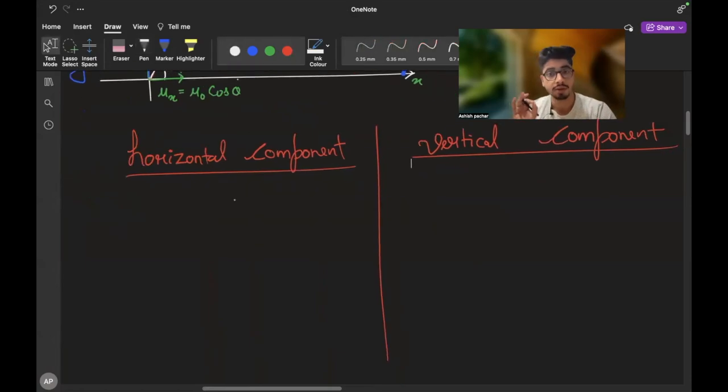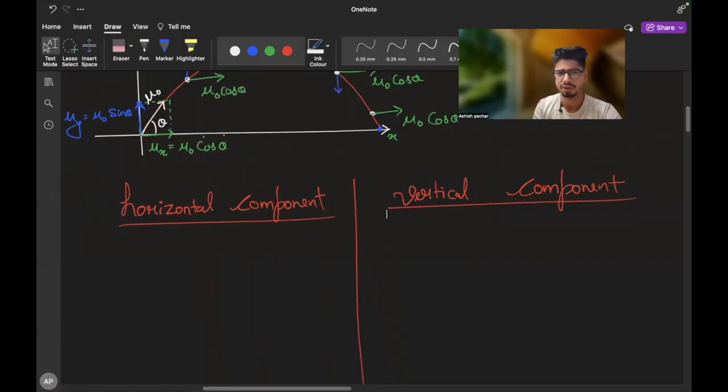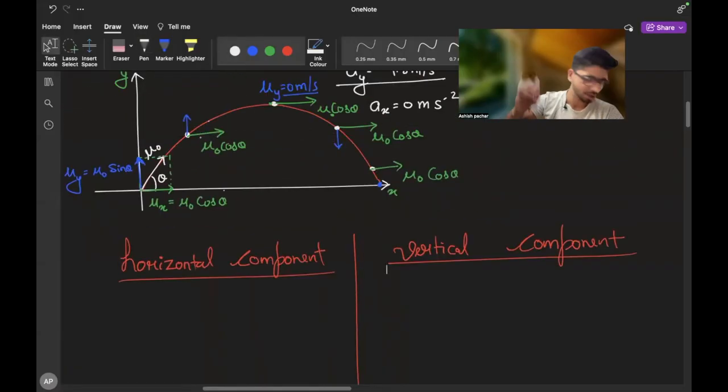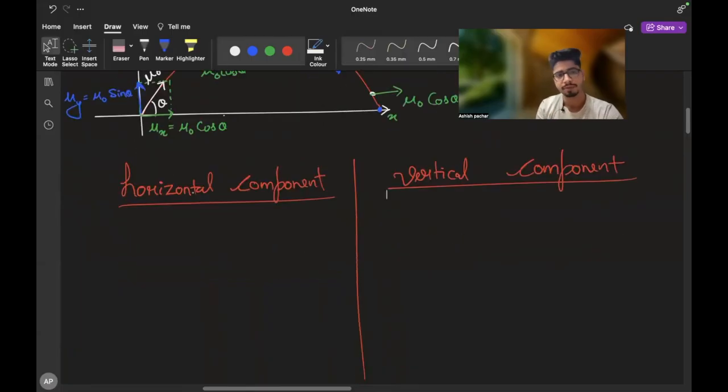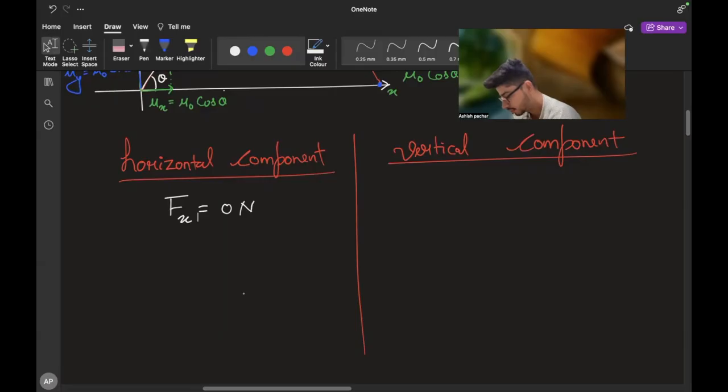You would say no, because nobody is applying force in the horizontal direction as it is launched. There is only the gravitational force acting vertically downward. There is no horizontal force, so Fx, the horizontal force, is 0. Due to inertia only, the ball is moving, because I initially gave it motion. So the acceleration in the horizontal direction is 0.